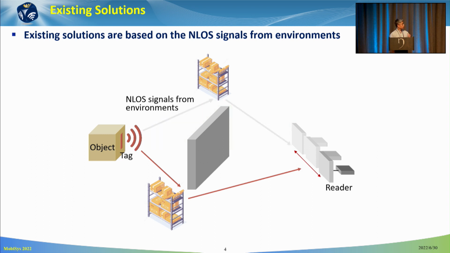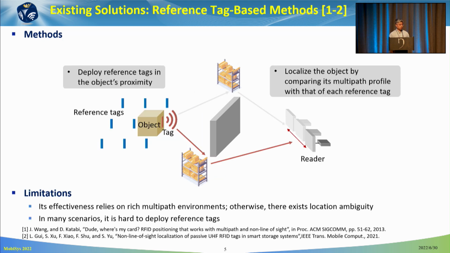And in some scenarios, we cannot deploy tags around the object. It's not very convenient. We could use AoA-based schemes. Beforehand, in an environment, we classify the AoA distributions, and we then measure the AoA values of the object. Then we do the matching, and finally decide the location. But this kind of scheme depends on the regularity of the reflectors.